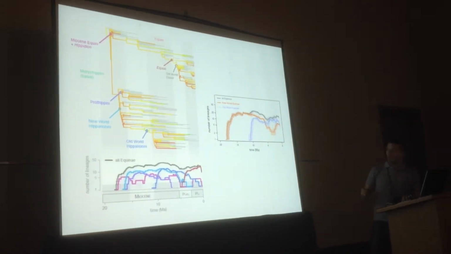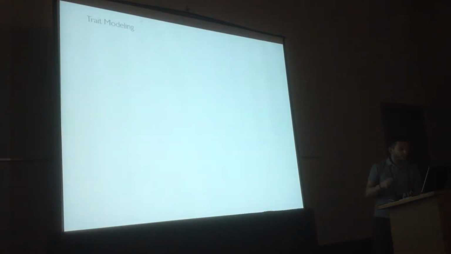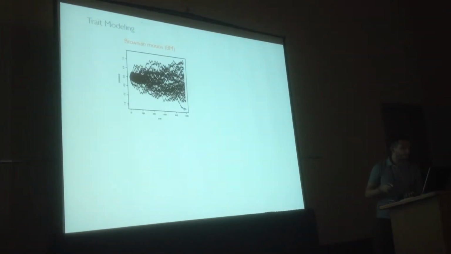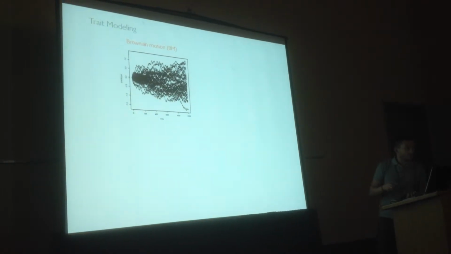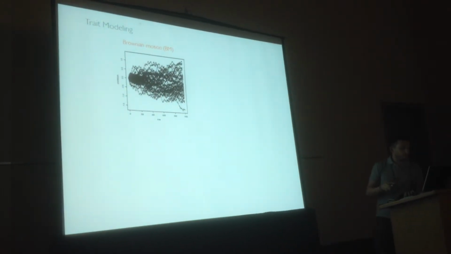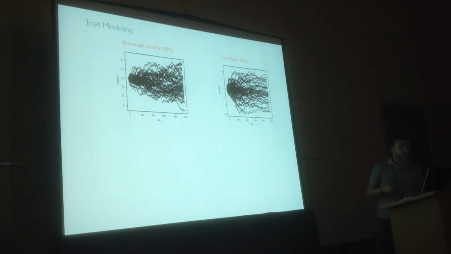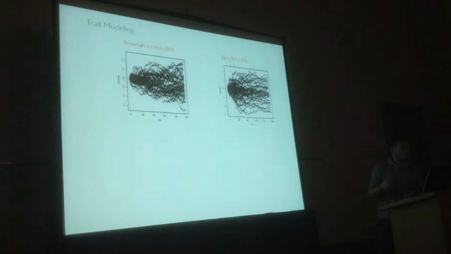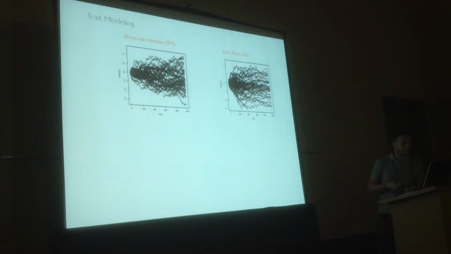So what we did is we took all these subpartitions of the tree and fit different models, like the usual suspects: Brownian motion, where we have a constant rate of change and no selection or anything; the early burst, which is what we would expect in an early burst radiation that is correlated with fast morphological divergence.